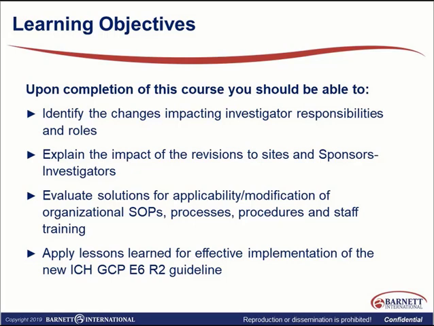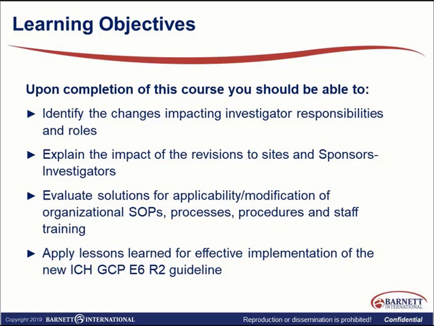But we're going to look at both sides of it and see where those changes are and what they actually mean, what the impact is. And then look for solutions and how we can apply for these, whether it's through our SOPs or through other processes or procedures and staff training, how we can prepare and better implement all of these changes and apply lessons learned for effective implementation of the new ICH GCP E6 Revision 2.